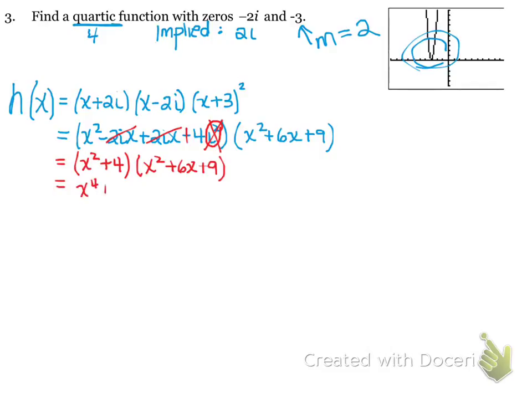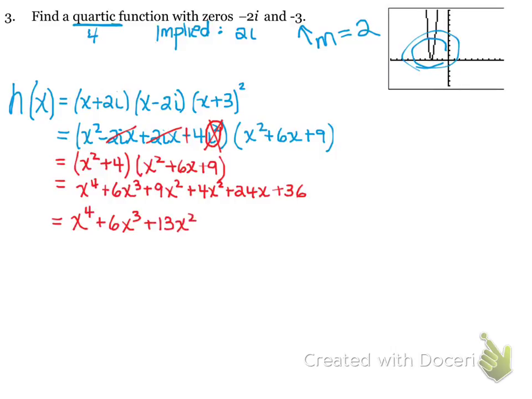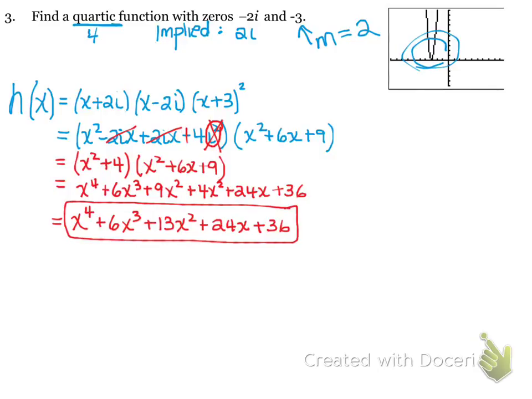So we have x to the 4th plus 6x to the 3rd plus 9x squared plus 4x squared plus 24x plus 36. And again, we combine like terms, and we get x to the 4th plus 6x to the 3rd plus 13x squared plus 24x and then plus 36. And this is our final standard form answer.